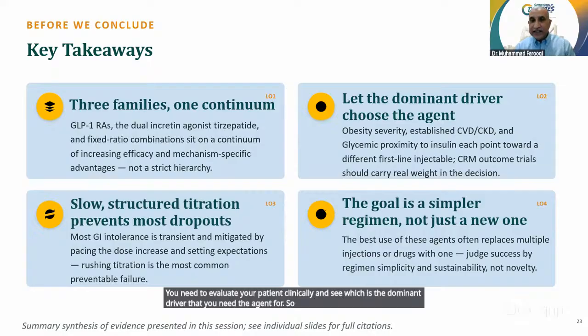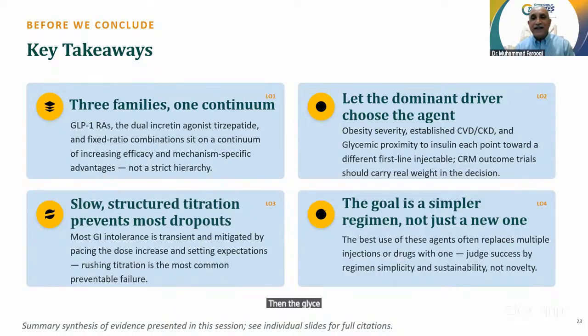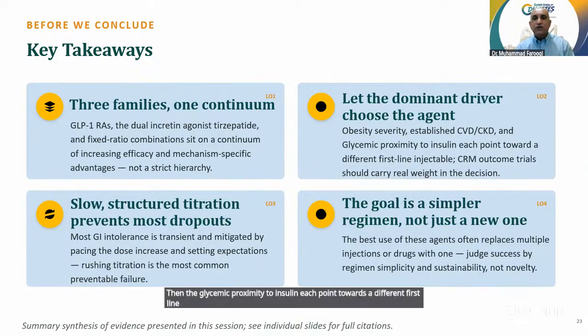Is it obesity? Is it established cardiovascular or chronic kidney disease? And the glycemic proximity to insulin each point towards a different first-line injectable. So the cardiorenal metabolic outcome trials should carry real weight in your mind when you are making that decision.